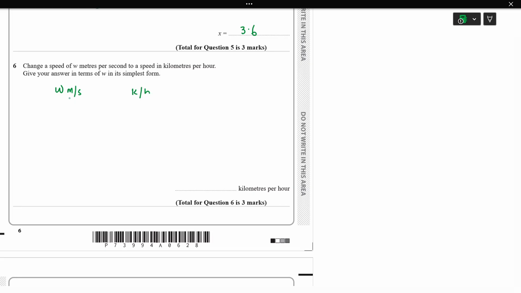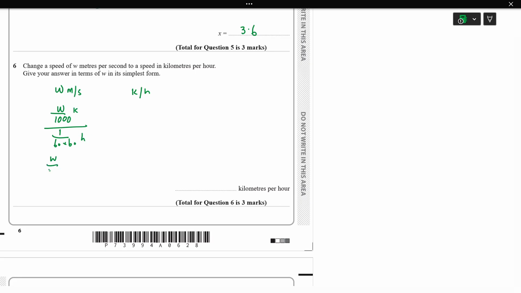Okay, so meters to kilometers we need to divide, so w by 1000 is kilometers. Kilometers over seconds. Seconds, first I need to change into minutes, then hours. So divided by 60, again 60. So 1 by 60 times 60, this is going to be hours.